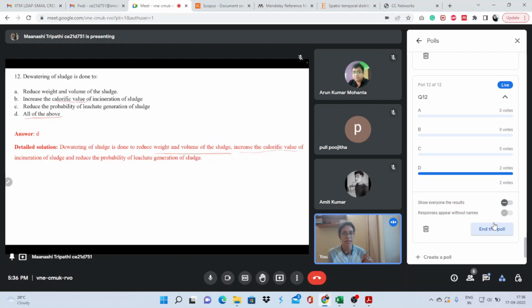How do we increase the calorific value? When we remove the water, what we will get can be easily burned. Water we cannot burn easily, right? So calorific value means the amount of energy produced from the sludge. So the amount of energy produced will be more when the water is removed.